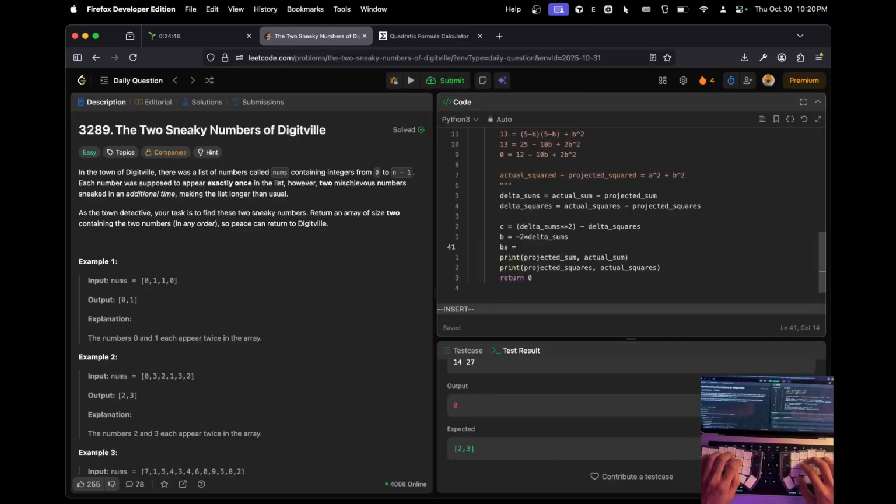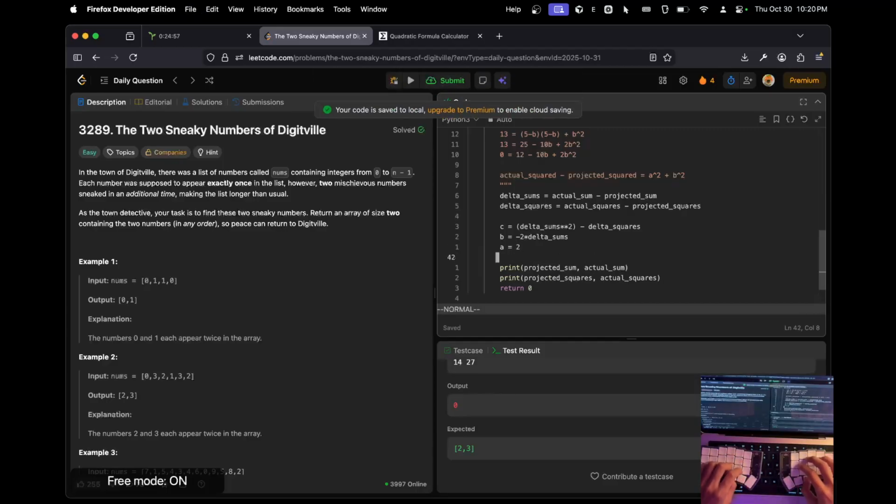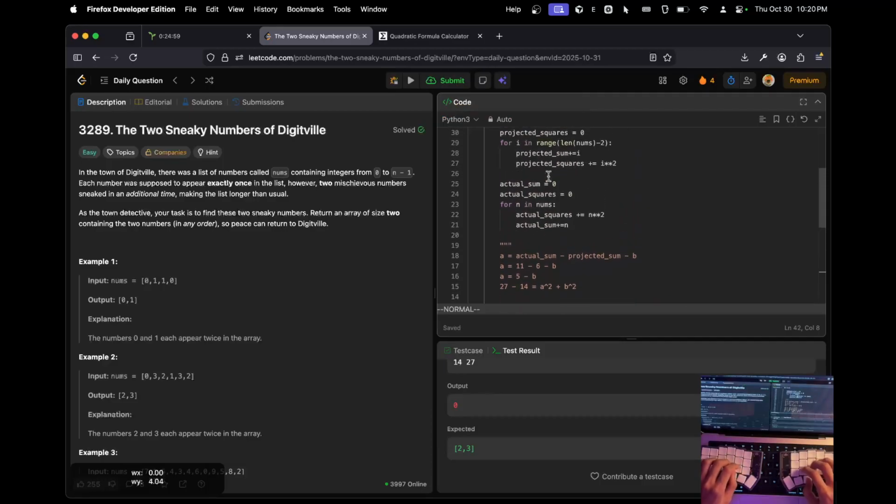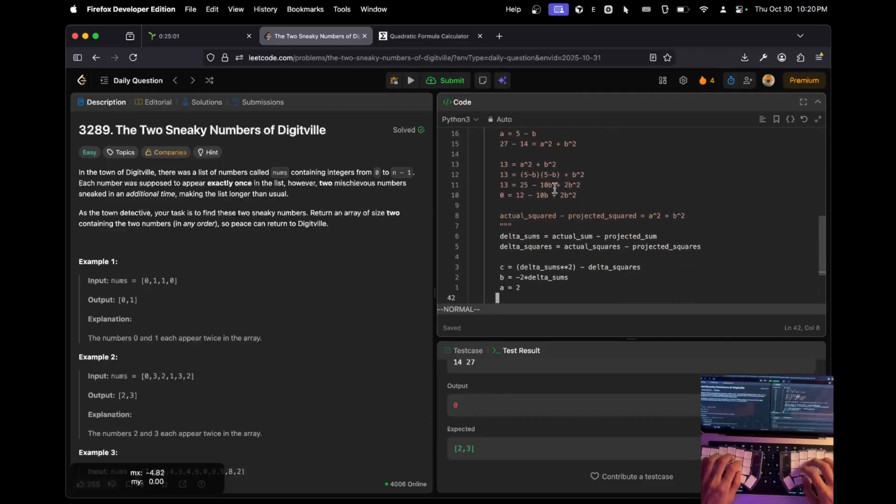Your A term, I mean, is going to be 2. Is it always going to be 2 though? I mean, you're always going to follow this formula, right? So it's just always going to be in the form of this one squared minus 2 of these, with this as a coefficient, plus another one of b squared.